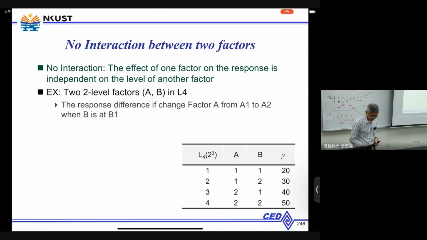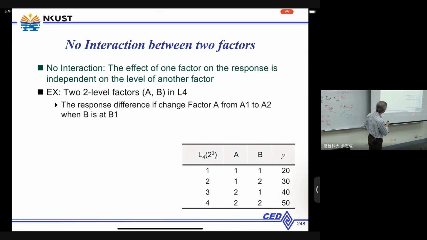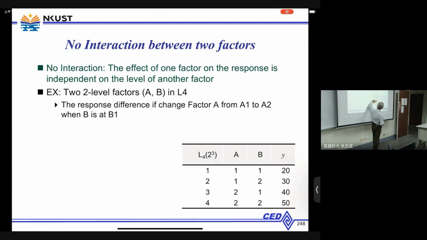For instance, we want to understand what is the response difference. What will be the difference if I change the selection of A from A1 to A2? So there are two cases. When B is in B1, combination 1, A is in level 1, combination 3, A is in level 2.